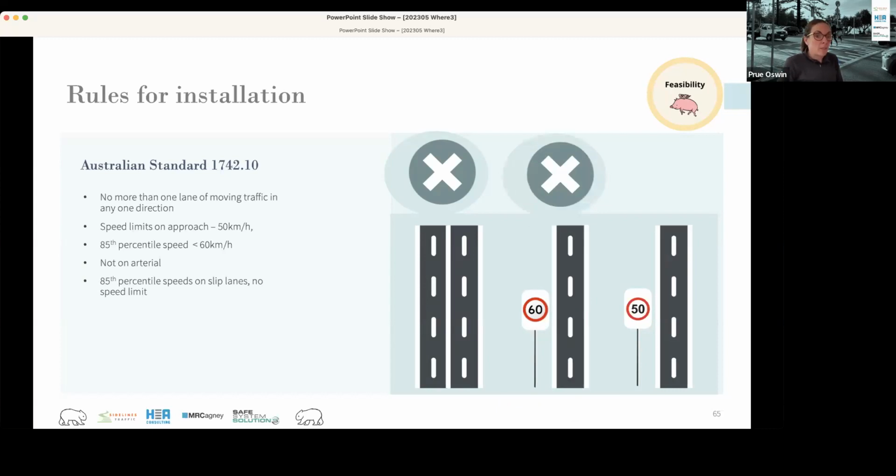Speed limits on approach cannot exceed 50 kilometres an hour, so 60 kilometres an hour roads can be a real challenge in the network. We can install them on the 50 kilometres an hour roads. It also specifies not on arterial routes, and the 85th percentile speeds on slip lanes are 60 kilometres an hour or less.